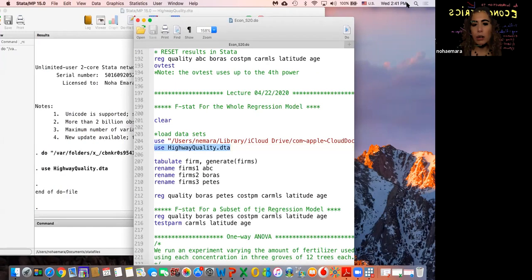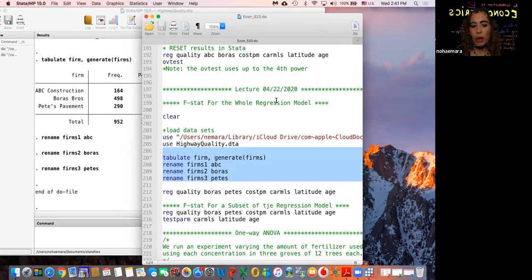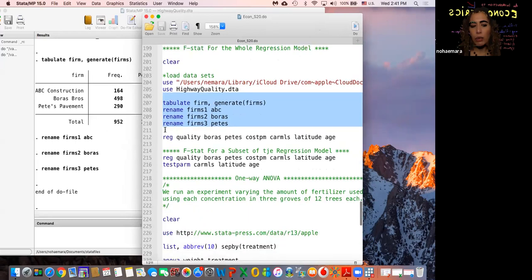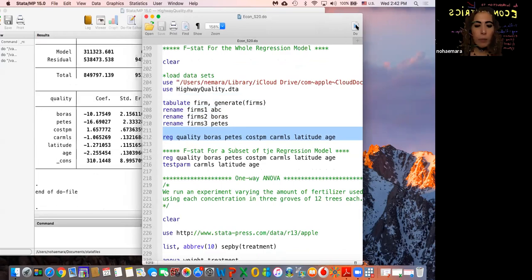Because the names of the firms are in letters, I just want to rename them. Okay, and we have our regression, which is regressing the different factors affecting the quality of a highway.